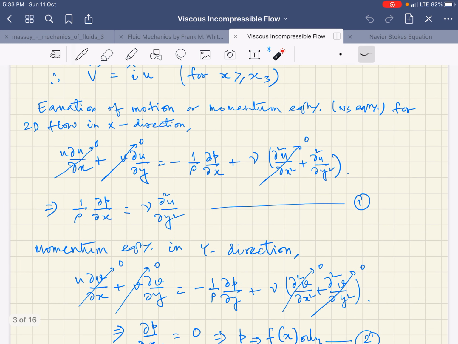Now coming to the equation of motion, or momentum equation, that is basically the Navier-Stokes equations in 2D form.